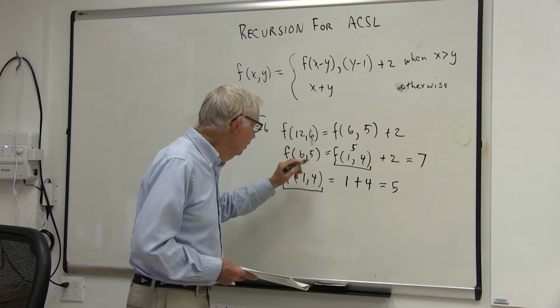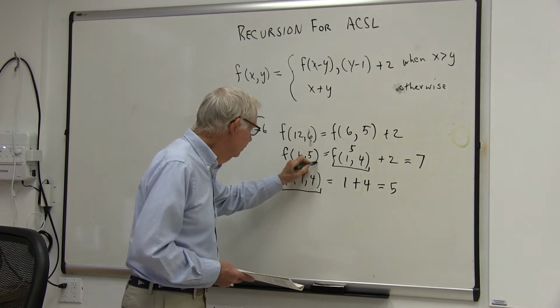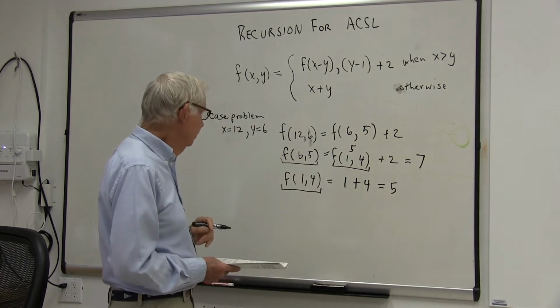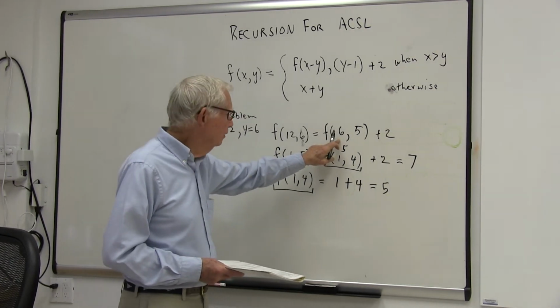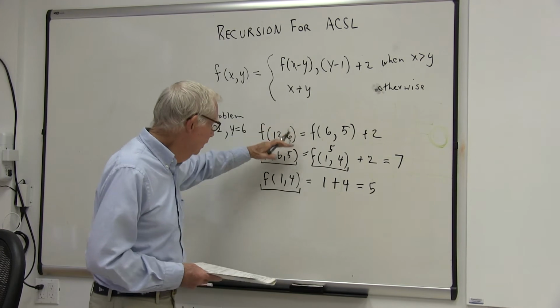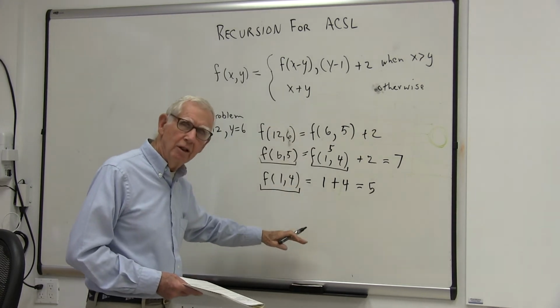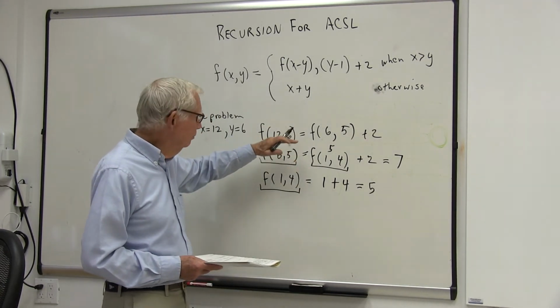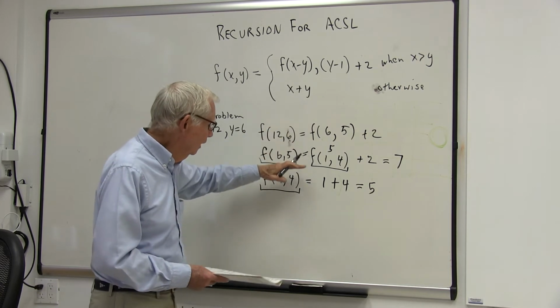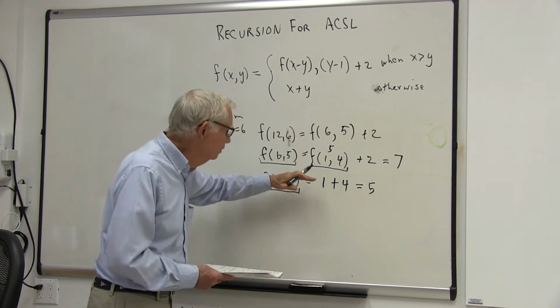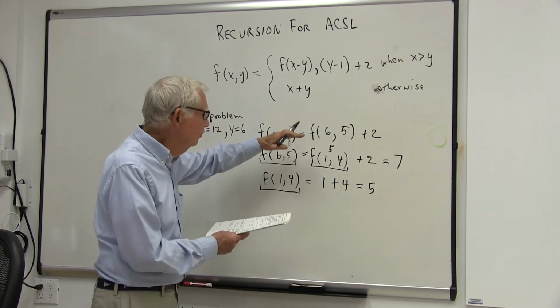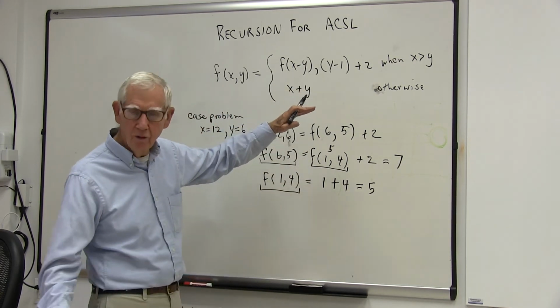So now I know what this value is over here. And this value I needed in order to solve this problem. Okay? You notice I worked down this problem, now I'm working my way back up. The way recursion works is you work down until you find a definite solution, and then you feed it back into what you were working with before.